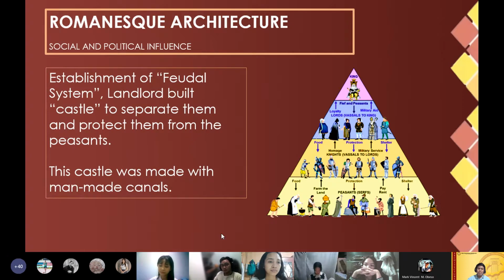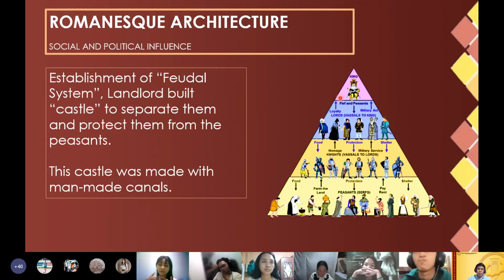And at the bottom of this pyramid or triangle right here are the farmers. So with this type of politics during this time, it created a type of architecture, partly Romanesque architecture, and they created these buildings, the castles. Okay? So hopefully you understood.